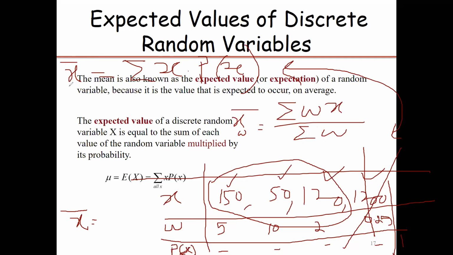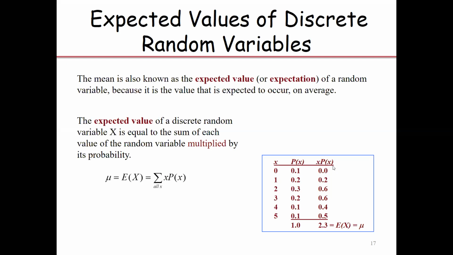This mean, which is a weighted mean, gives us a better predictor as compared to the unweighted mean. You can see x into px is the weighted mean, and the mean is also known as the expected value, a random variable, because it is multiplied by the probability. Weights are the probability in this model, the sum is 2.3, and we can say that the predicted value will be 2.3.